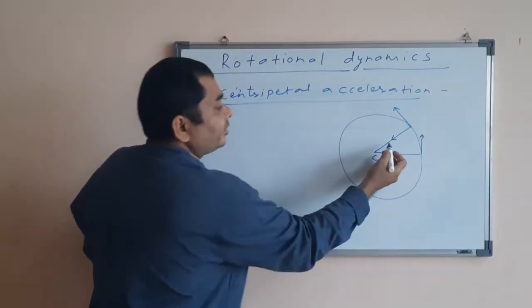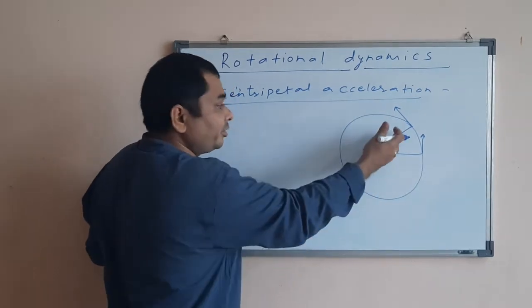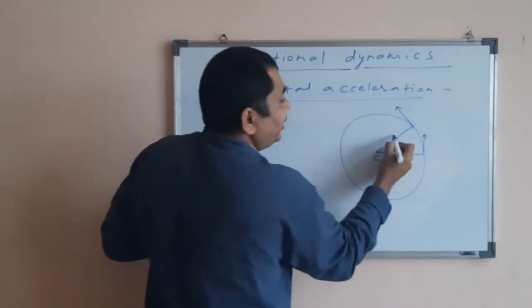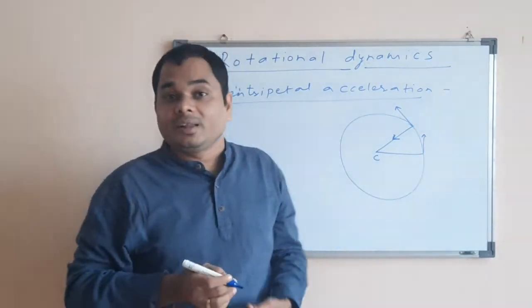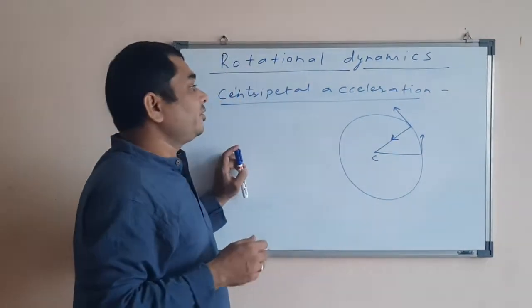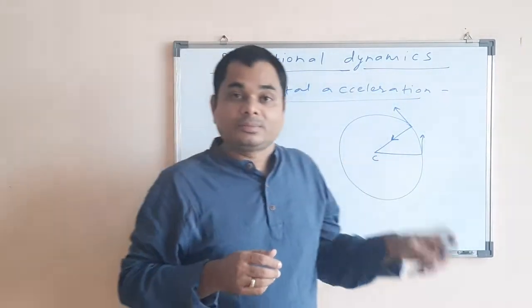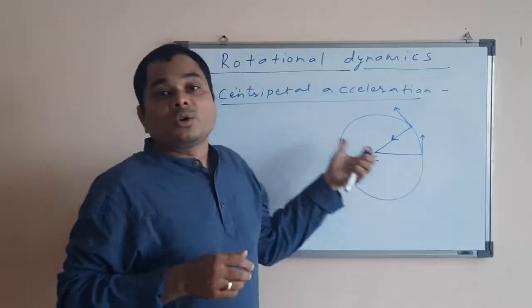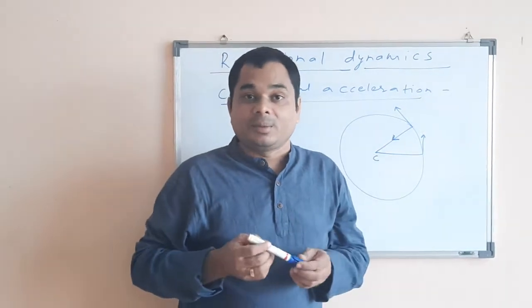Therefore, this is called centripetal acceleration because it is directed towards the center, and it always acts along the radius. Therefore, this is also called radial acceleration. So, radial or centripetal acceleration in uniform circular motion always remains constant in magnitude.